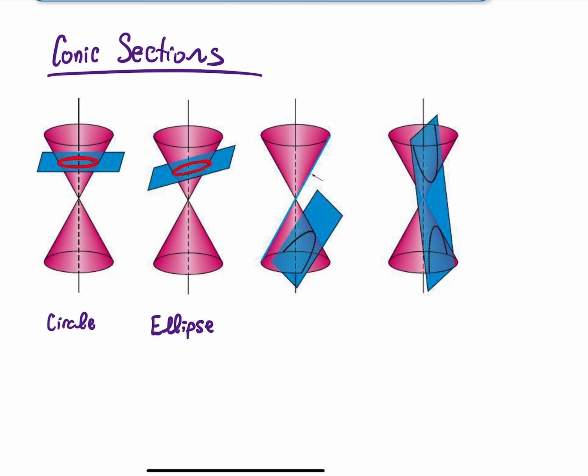If we have the plane intersect one of the cones and go out the side, it kind of breaks it open. So in our third example, you can see it produces this parabola shape. So we've definitely seen those before.